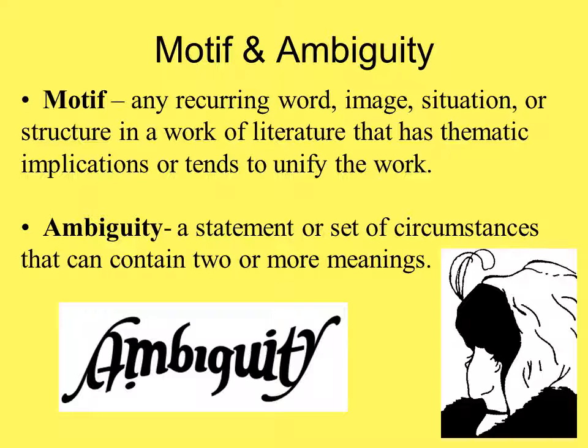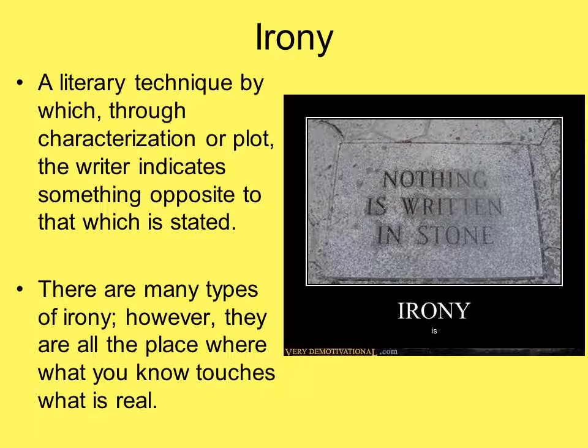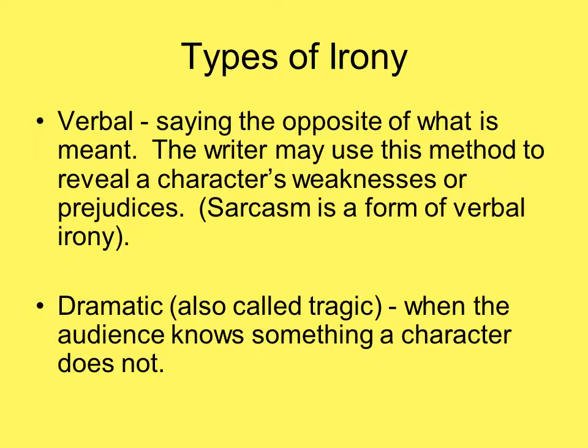A few more terms. We've got motif and ambiguity. To explain or exemplify ambiguity, do you see the old woman? Do you see the young woman? Do you see the old, young, old, young? Irony, we don't need to talk a lot about it. Foster talked a great deal about it, but it's an important topic.